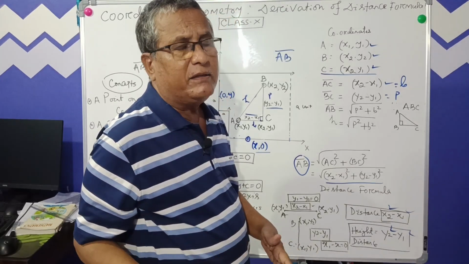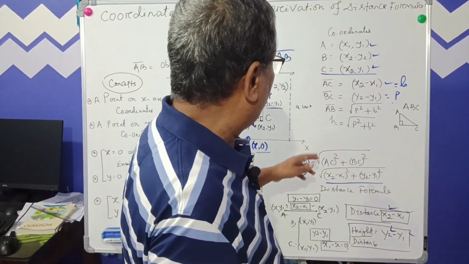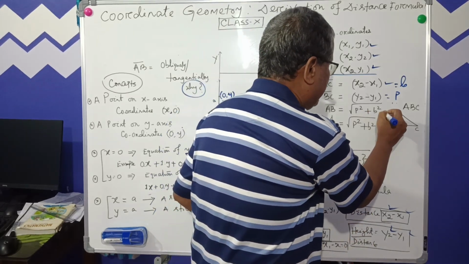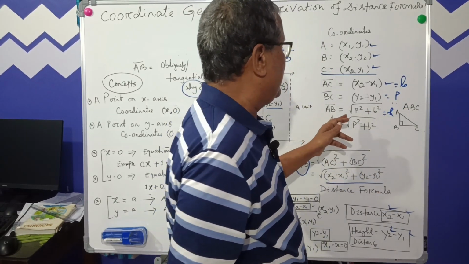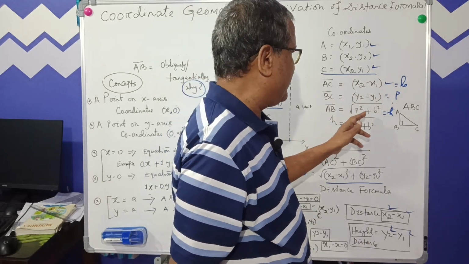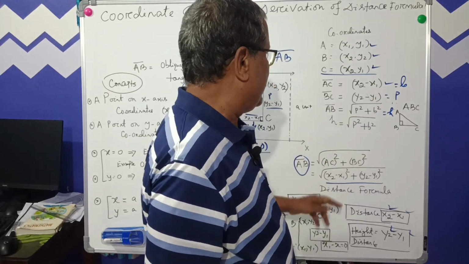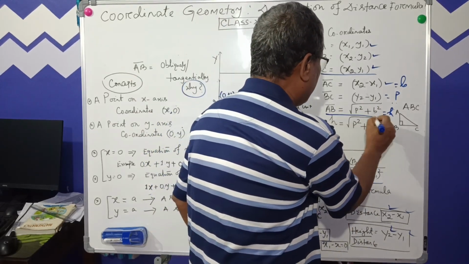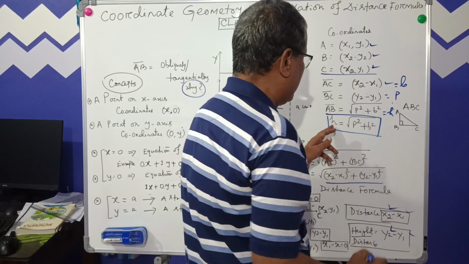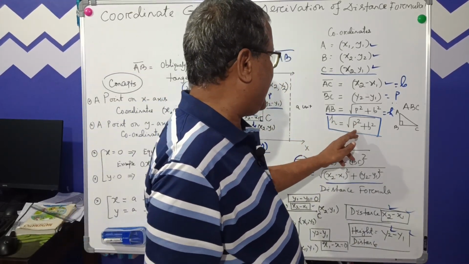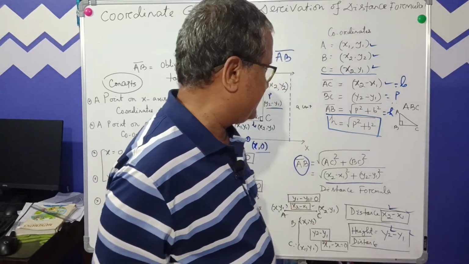So let's apply the Pythagoras theorem. AB is the hypotenuse, and the hypotenuse is equal to the square root of perpendicular square plus base square.